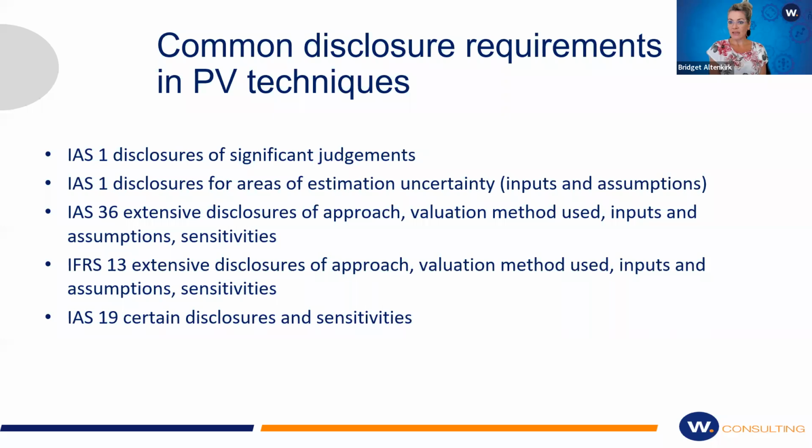So you can appreciate that if those judgments or those estimation areas are significant, the detail around those estimates and those judgments needs to be included in the disclosures within the financial statements, so that a user can have transparency to understand how the value of that particular asset or liability was determined.